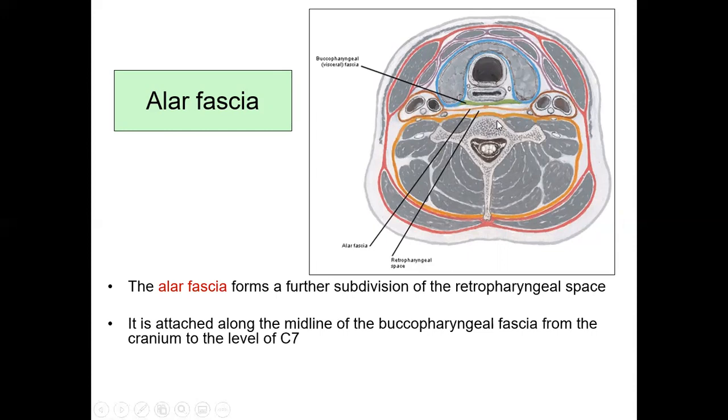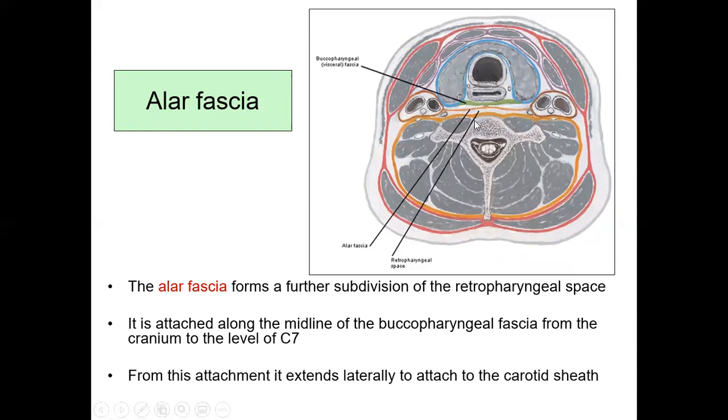It is attached along the midline of the buccopharyngeal fascia. So if you see here, it is attached to the buccopharyngeal fascia in the midline, from the cranium to the level of C7. And then from this attachment, if you follow my arrow, it extends laterally to be attached to the carotid sheath on the other side.